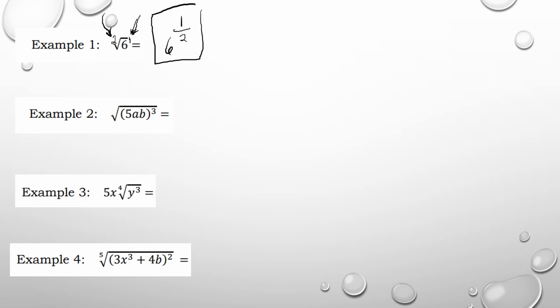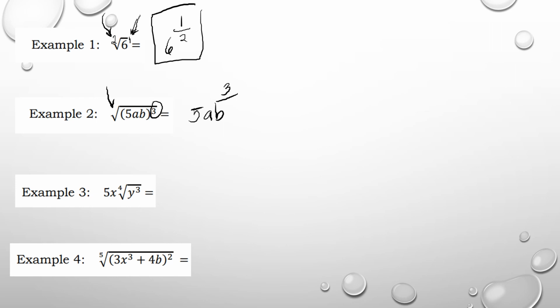The square root of the quantity of 5ab cubed. Okay, always remember, the base will always stay the same. So you should write 5ab. Okay, what will happen to the exponent? That would be the numerator. Then how about the denominator? That would be the index. What's the value of index?